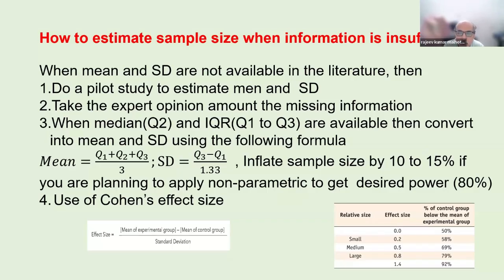And you will also get your data not normal, or you will apply a non-parametric statistical method instead of a parametric one. So to accommodate the non-parametric test and get the same desired 80% power, you have to inflate the sample size by 10% to 15%, because if the data is normally distributed, then the non-parametric test needs a larger sample size to get the same desired power as a parametric test.